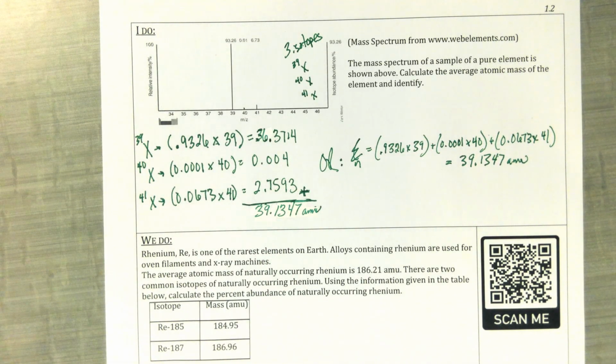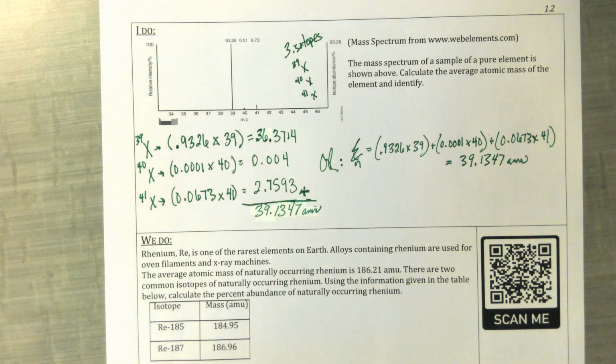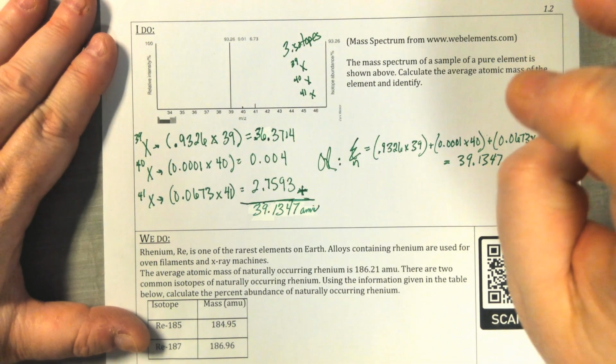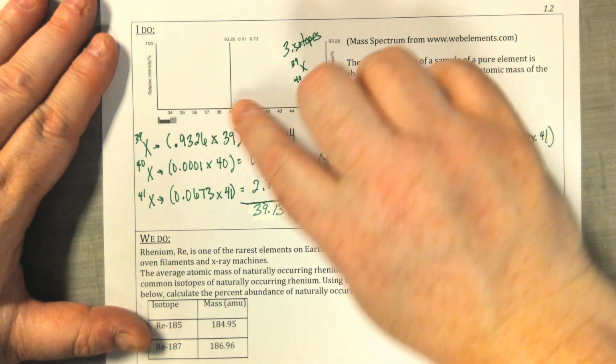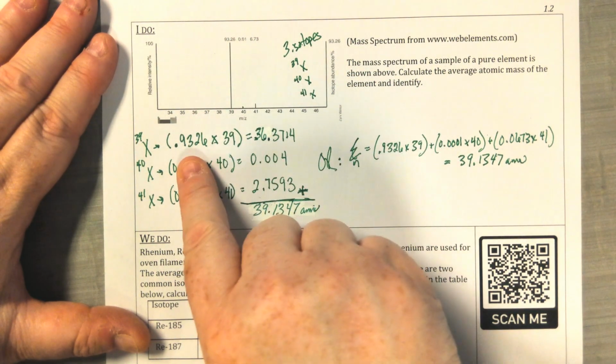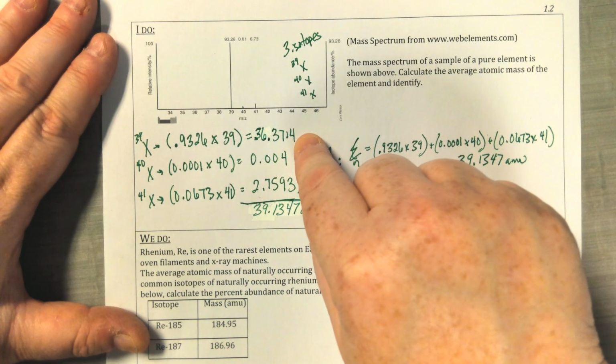So all we have to do is convert those into decimal form and multiply by the mass number. There are two ways of doing this, and I show both ways. It says identify, so we're just going to use X for right now. So for 39X, we take the percent, turn it into decimal form times 39, and we get this average mass.